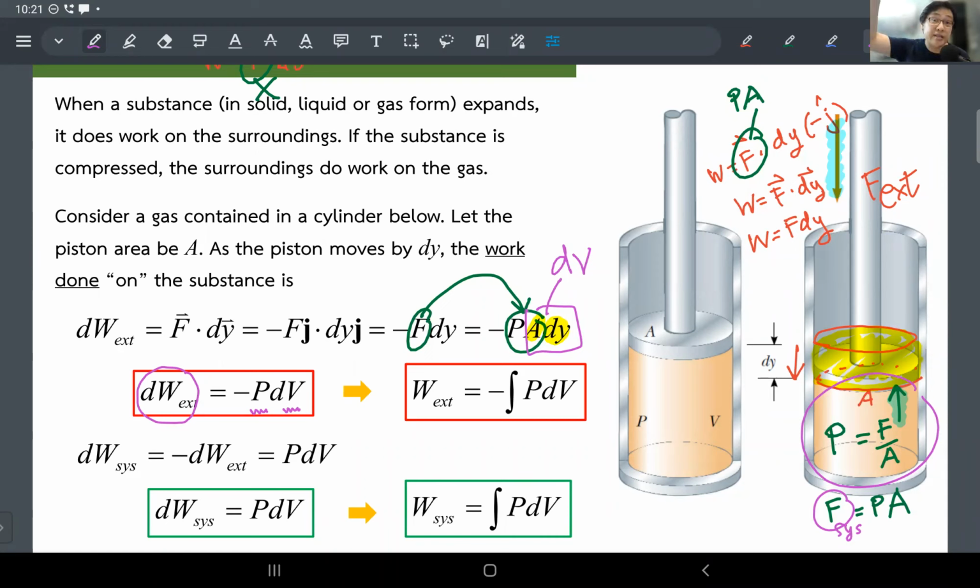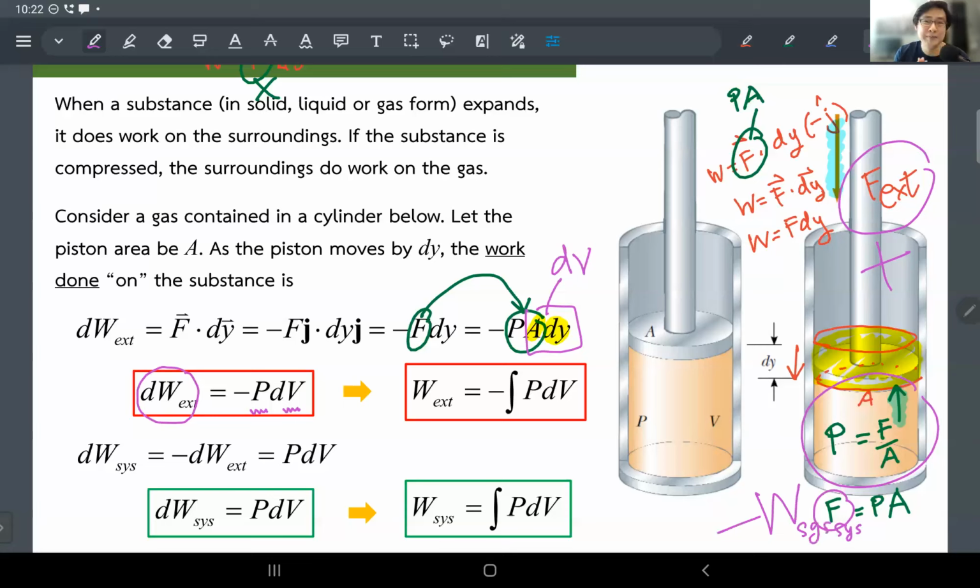If the external force is doing positive work, in this case it means the piston is moving down. So the external force is doing positive work. You guys with me? However, if the external force is doing positive work, from the perspective of the system it is negative work.